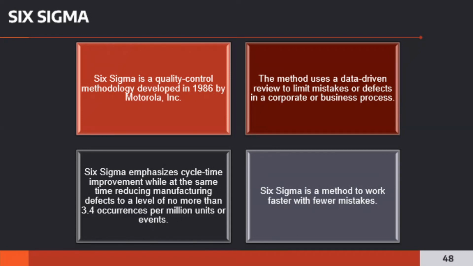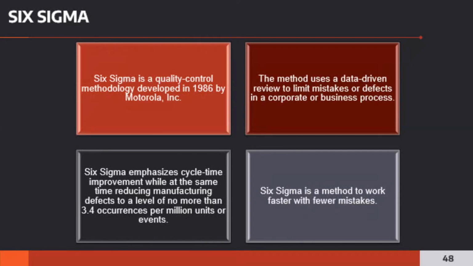So Six Sigma points to the fact that mathematically it would take a 6 standard deviation event from the mean for an error to happen. What is that statistically? Okay, I'll show you later. I'll try to explain it as simple as I can.